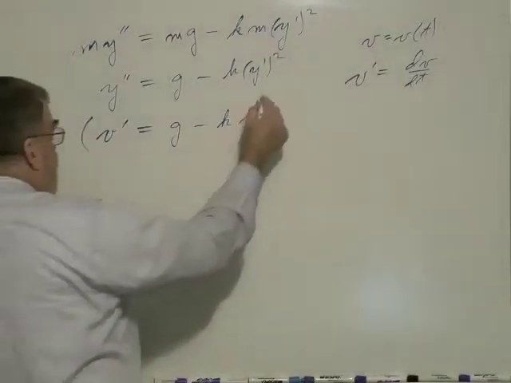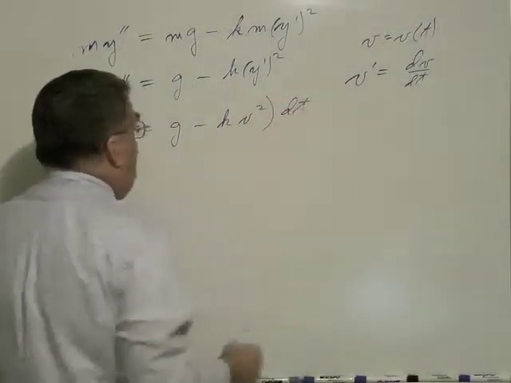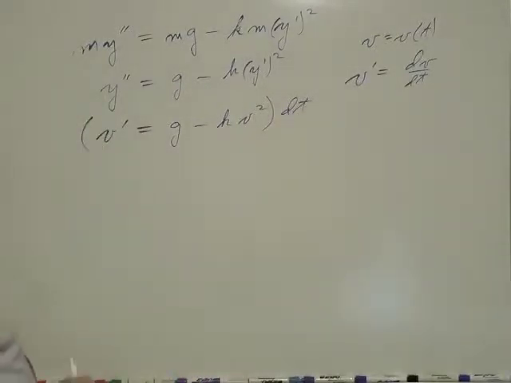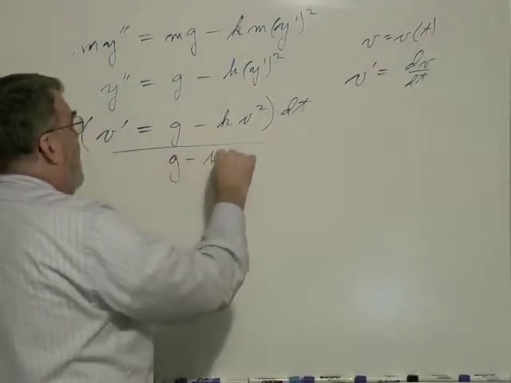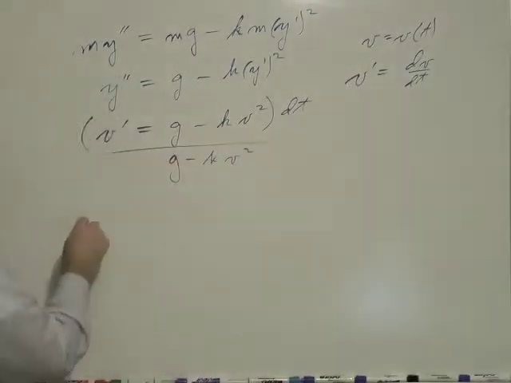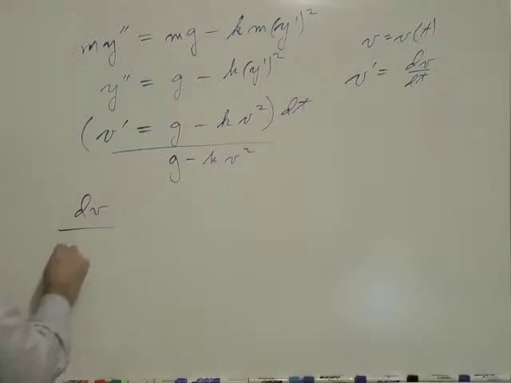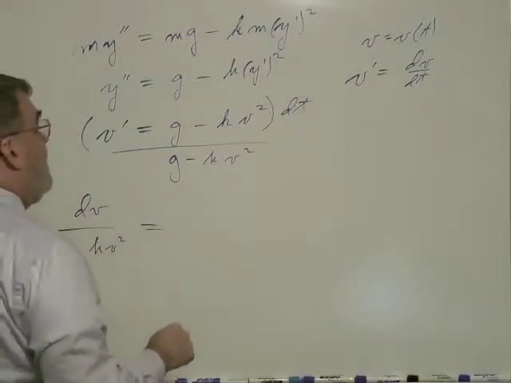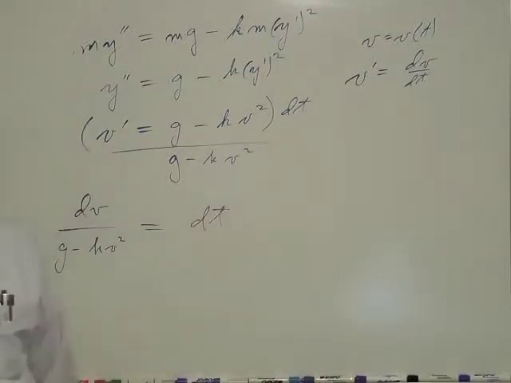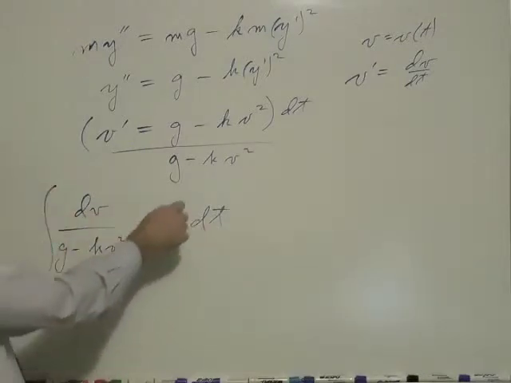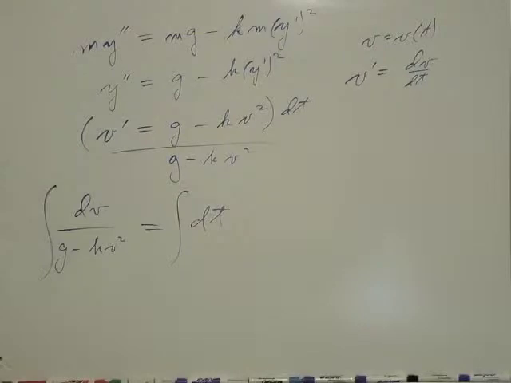And if I multiply this equation by dt, and then also divide by g minus k v squared, we're going to get dv over g minus k v squared equals dt. So in other words, I've managed to separate the variables, and with them all separate, we're now able to integrate both sides because we have differentials on both sides.